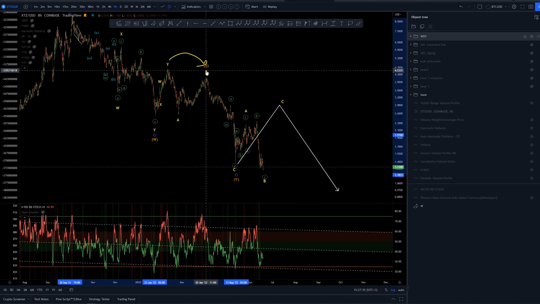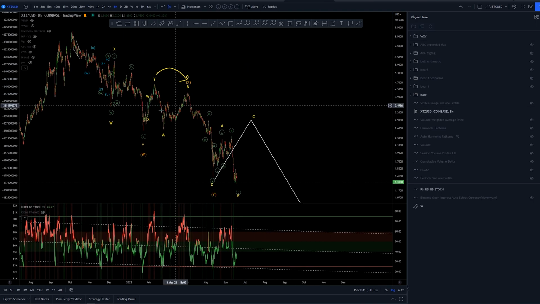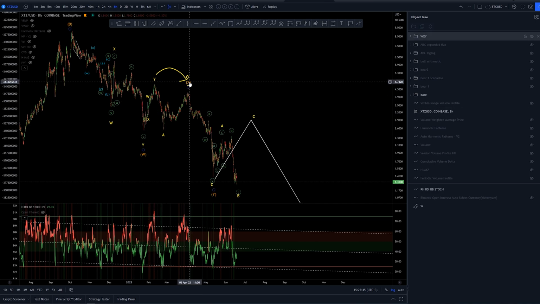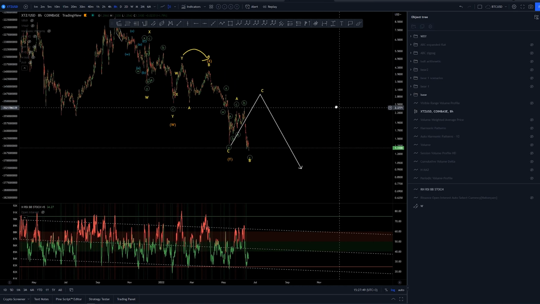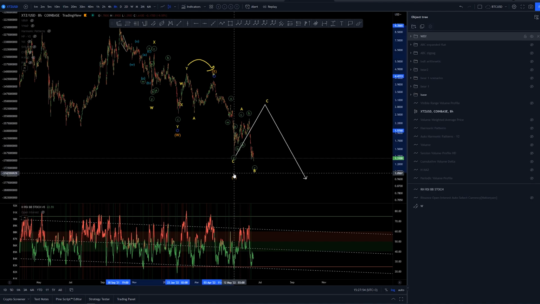So it is possible to have the W here or here. Of course, X is a bit weird that it does not take out the first highs here that I created if we are placing the X here, but again, it is possible. Then wave Y is possible also to end already here.